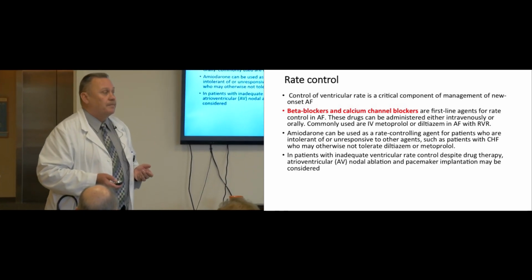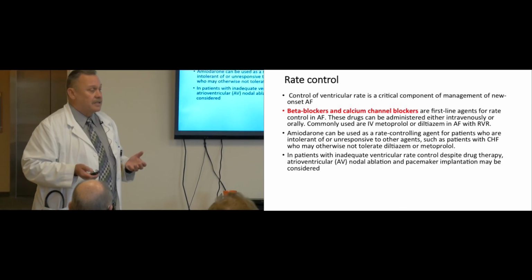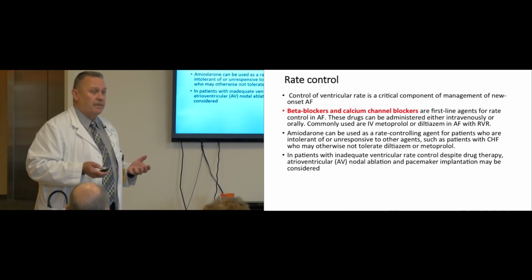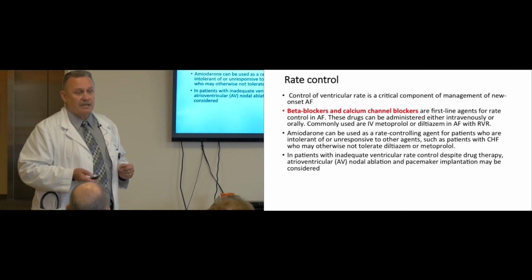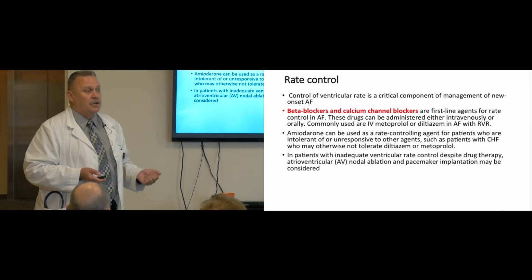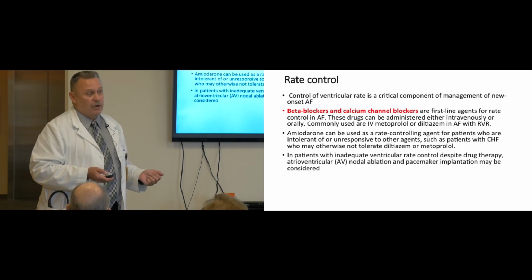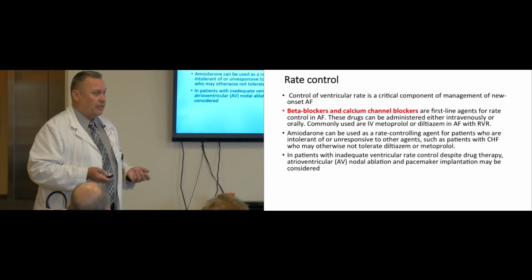Management of rate control. Typically we use beta blockers, calcium channel blockers. We use digoxin still, especially in people that are sedentary, aren't mobile. Digitalis, digoxin, or foxglove, I don't know what you've heard in the past, but it does still slow down the heart, but if you're active, it's not going to be very good at slowing down the heart. Your heart's going to speed up very rapidly.